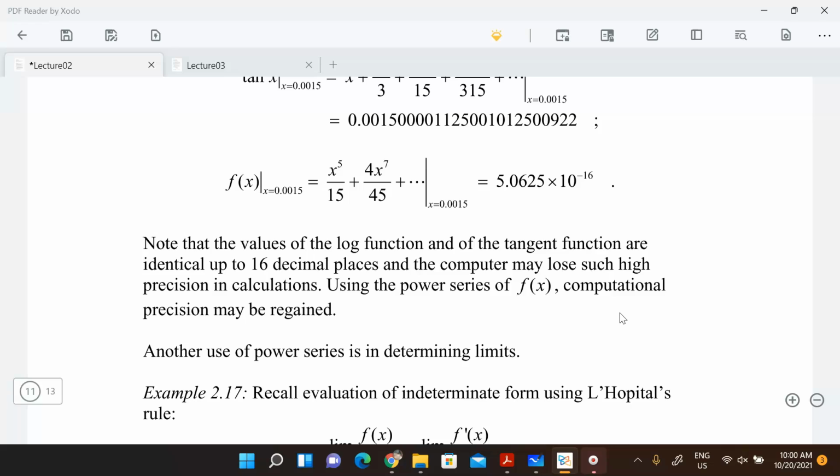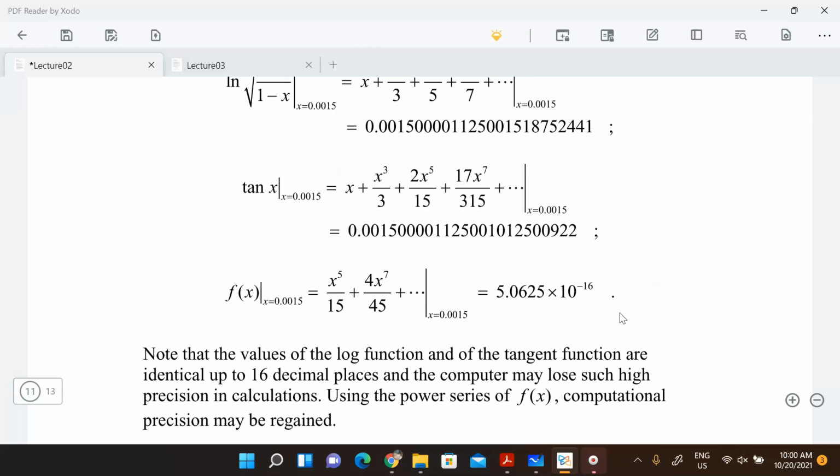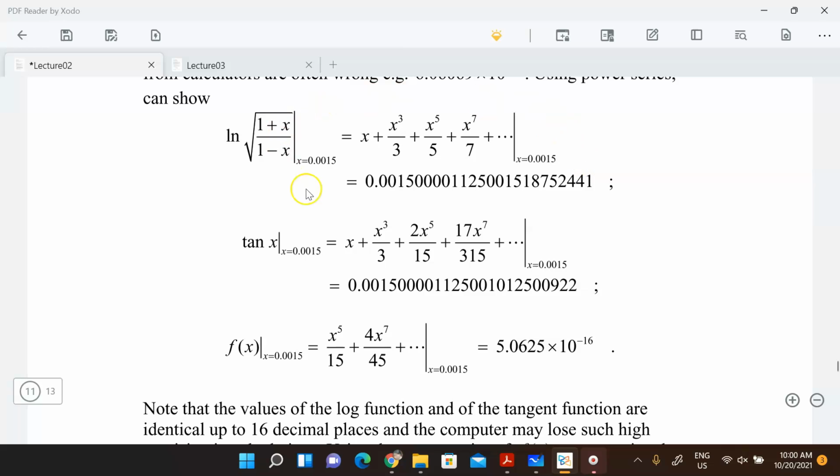It's good to use this idea of power series to check for this. The best way to do this is to evaluate this power series first, and then evaluate this power series next, and only after that take the difference. You can see it's quite similar. Okay, I'll stop there today.